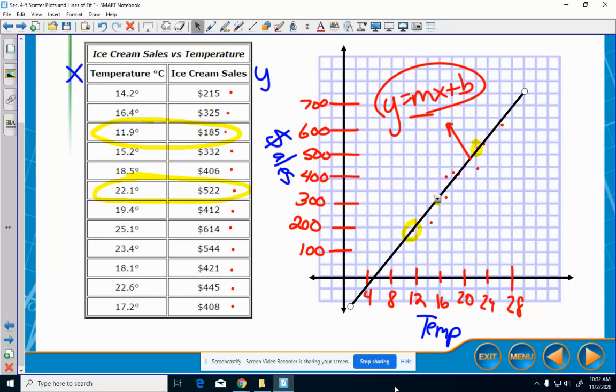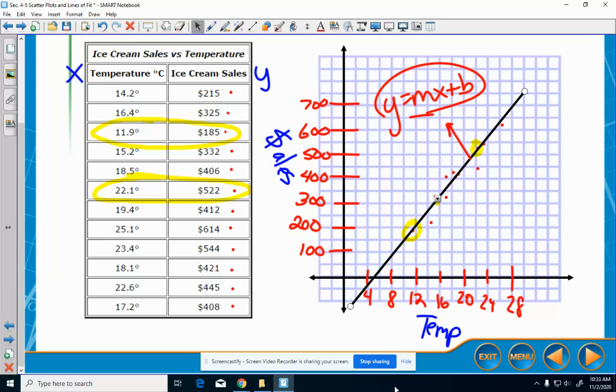Now, the whole point of this line is to make a prediction, to say what's going to happen in the future. So if I take my equation and put in a temperature, mind you, all these temperatures are in Celsius, say it's going to be 22 degrees Celsius today.